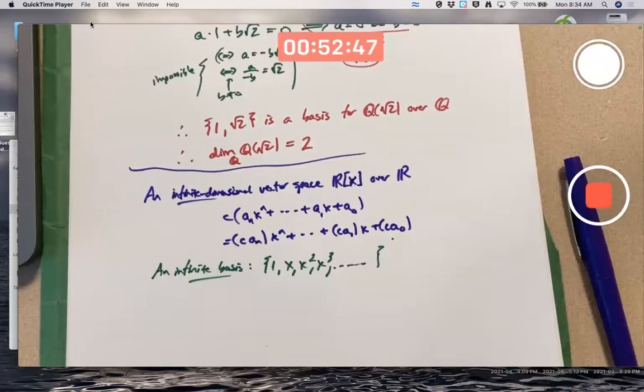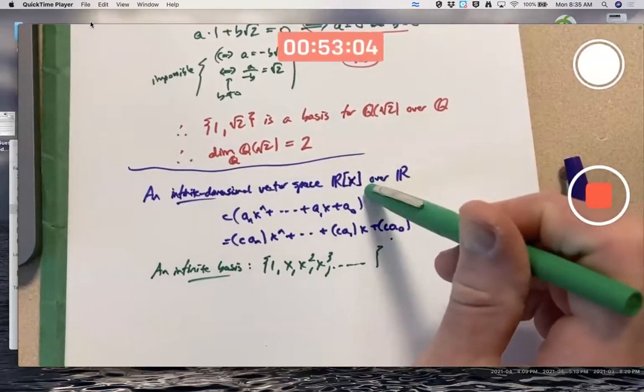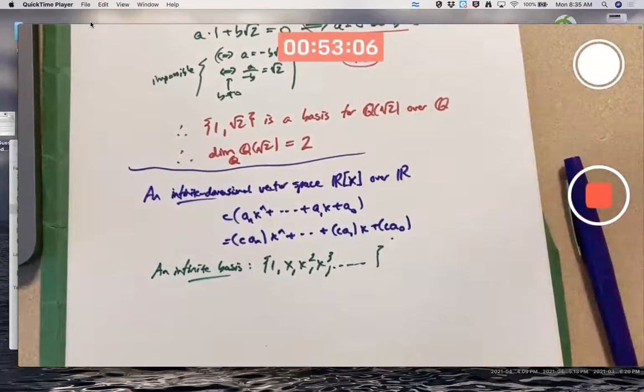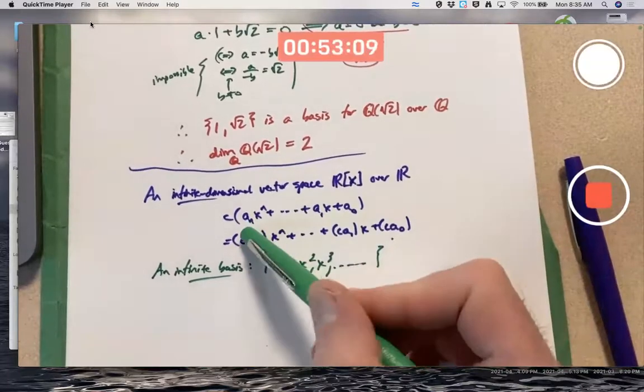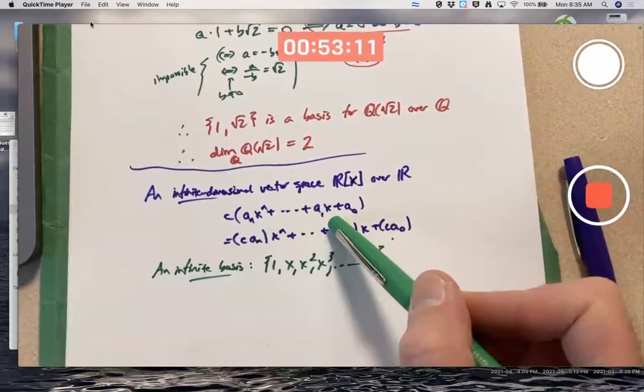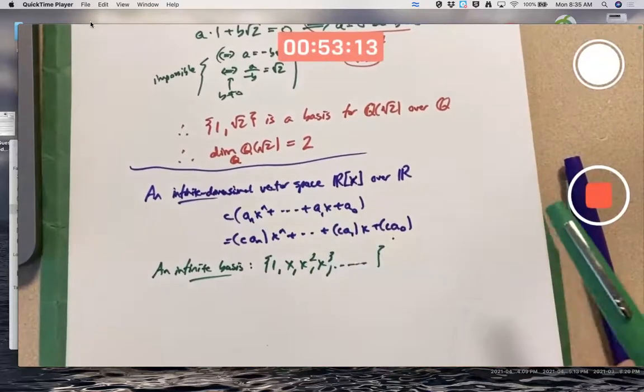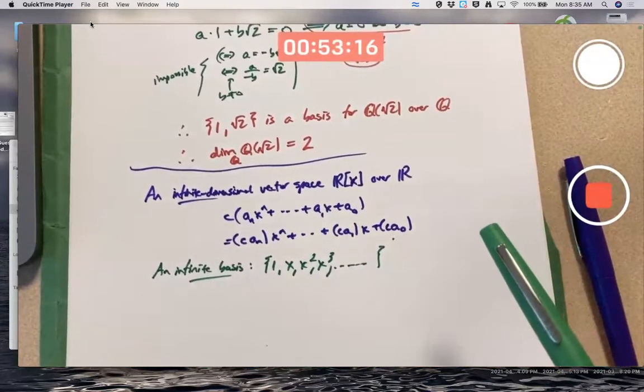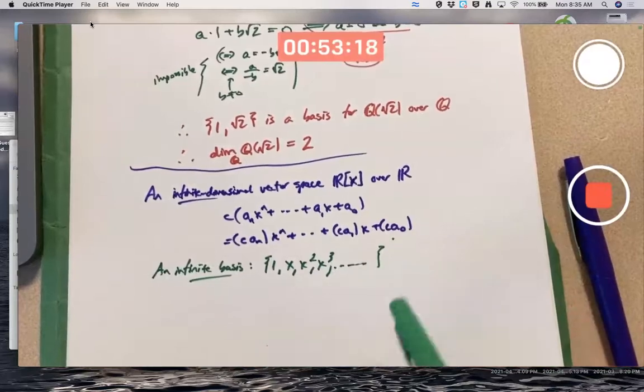If you got a linear combination of a finite number of these that equals the 0 polynomial, the coefficients must all be 0. And it would span this infinite dimensional vector space. Give me any polynomial. It's got a highest degree somewhere. Say it looks like this. By definition, you can write it as a linear combination of those powers of x. But because the powers can be arbitrarily high, this is an infinite dimensional vector space.